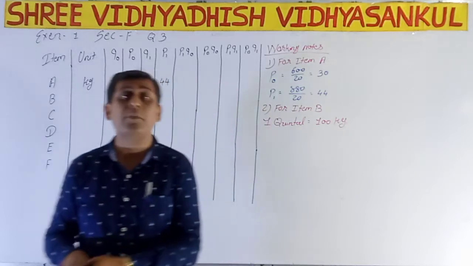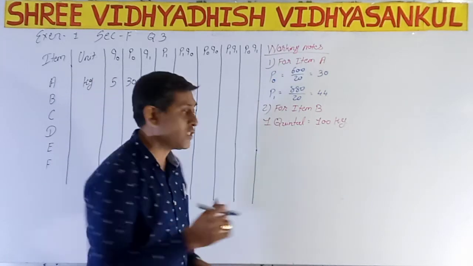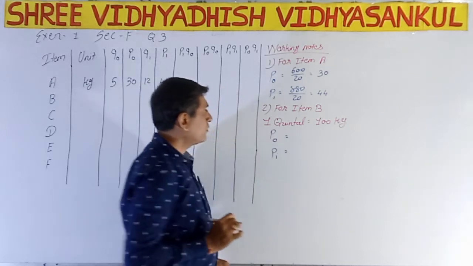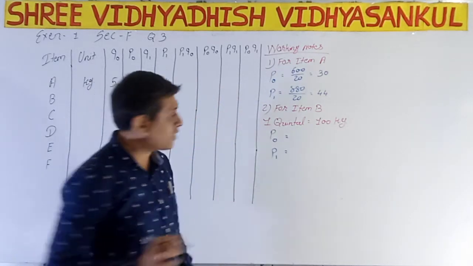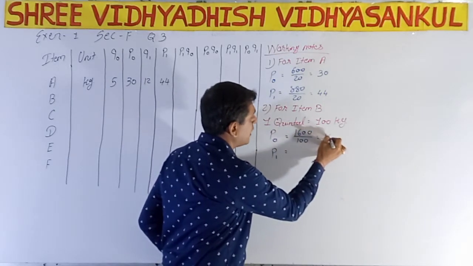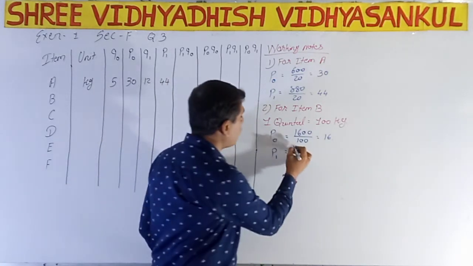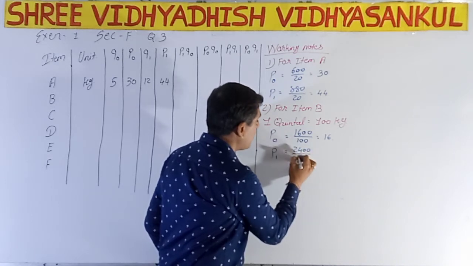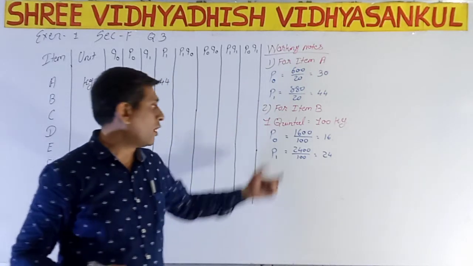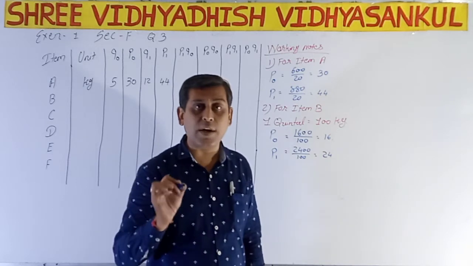We have to remove that 100 by dividing the price of the base year as well as the price of the current year, P0 and P1. Price of the base year is 1600 divided by 100, that is 16, and the price of the current year is 2400 divided by 100, that is 24.